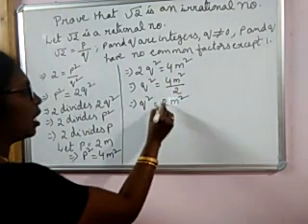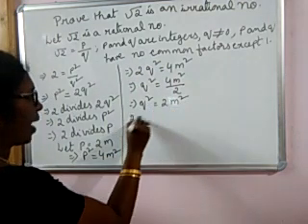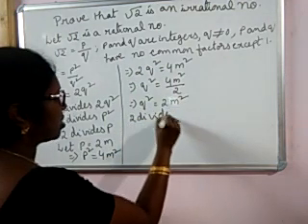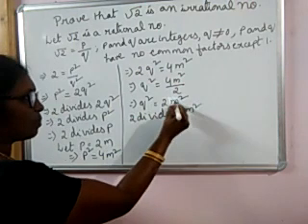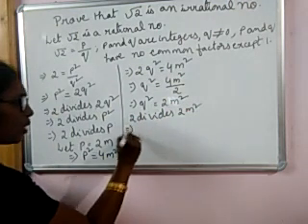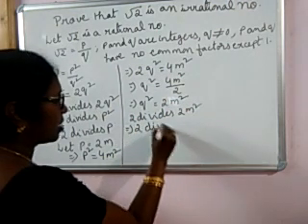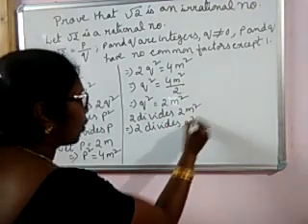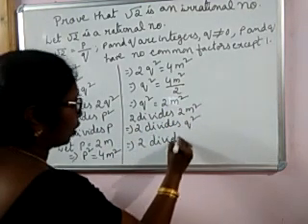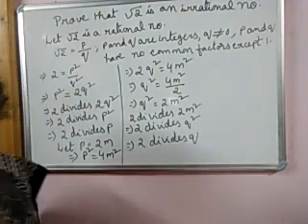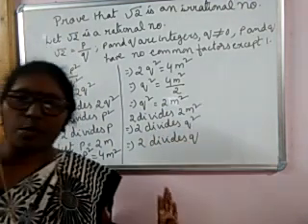Again you see, 2 divides 2m square. If 2 divides 2m square, 2 divides Q square. That means 2 divides Q square, and that means 2 divides Q. That means Q is divisible by 2.